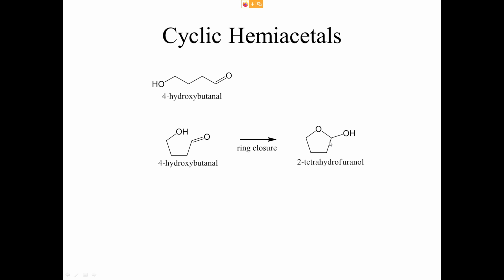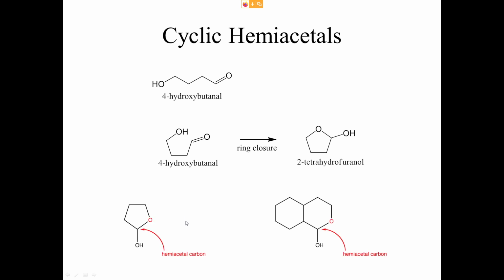Yes, it's in a ring. It's not a 5-membered carbon ring. It's what's called a heterocyclic ring. In other words, not all the atoms are carbon. There's an oxygen in the ring. Okay, so it is a ring, so it's a cyclic hemiacetal because this carbon, which I just proved was a hemiacetal carbon, it's got an OH and an OR, is in that ring. So it's called a cyclic hemiacetal.